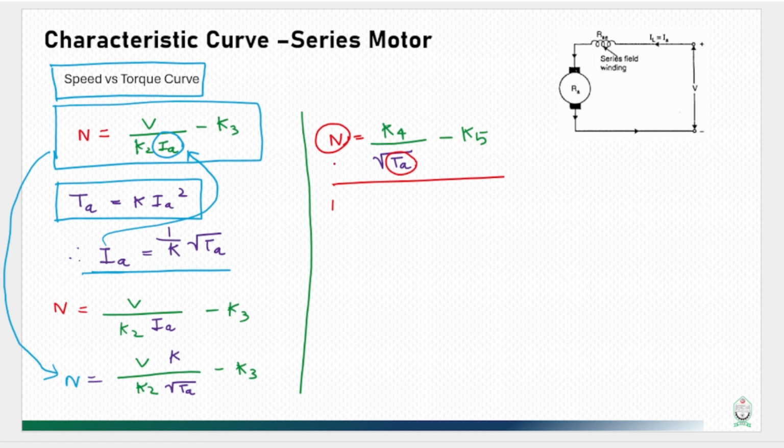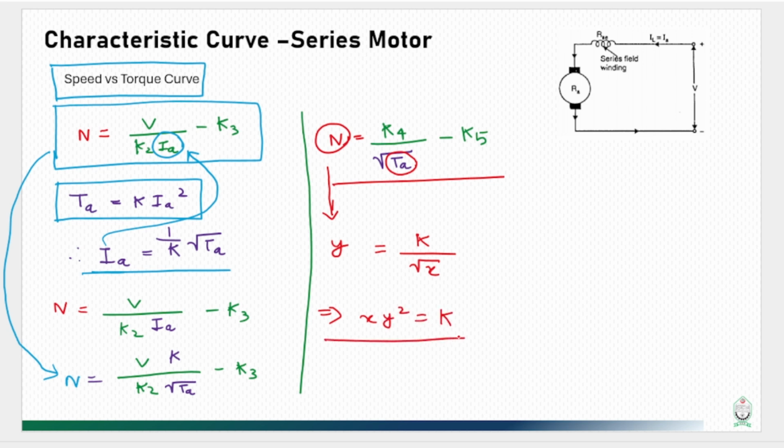Now if we are plotting the value of the speed of the DC motor on the y-axis, let us label it as y, and if we are plotting the value of the armature torque on the x-axis, this will be something like this. And if we rearrange it, we are basically getting an equation of this order.